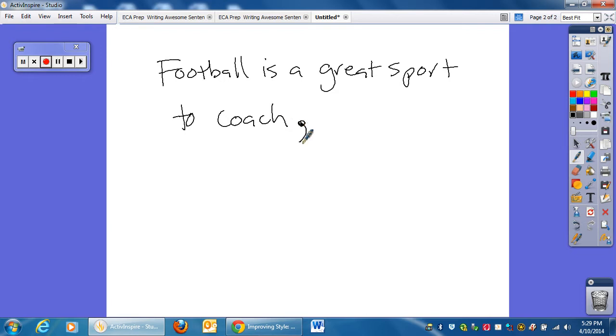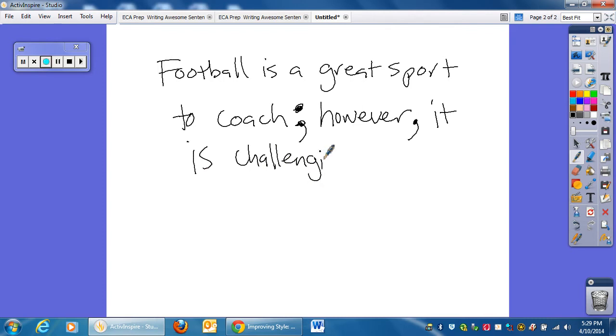So we put a semicolon, which is the comma with the dot over the top of it. Football is a great sport to coach; however, and all the football coaches out there in the world know what I'm talking about, however, it is challenging and time-consuming.